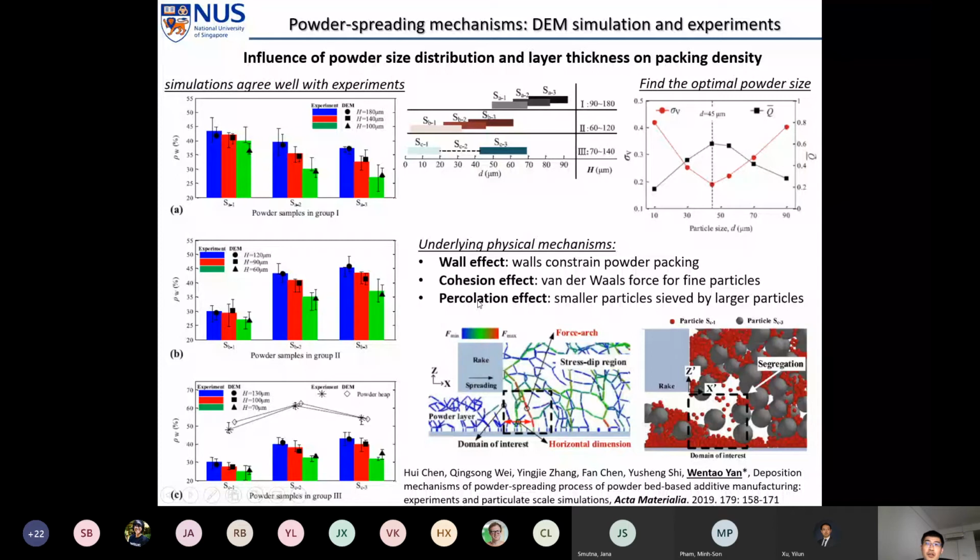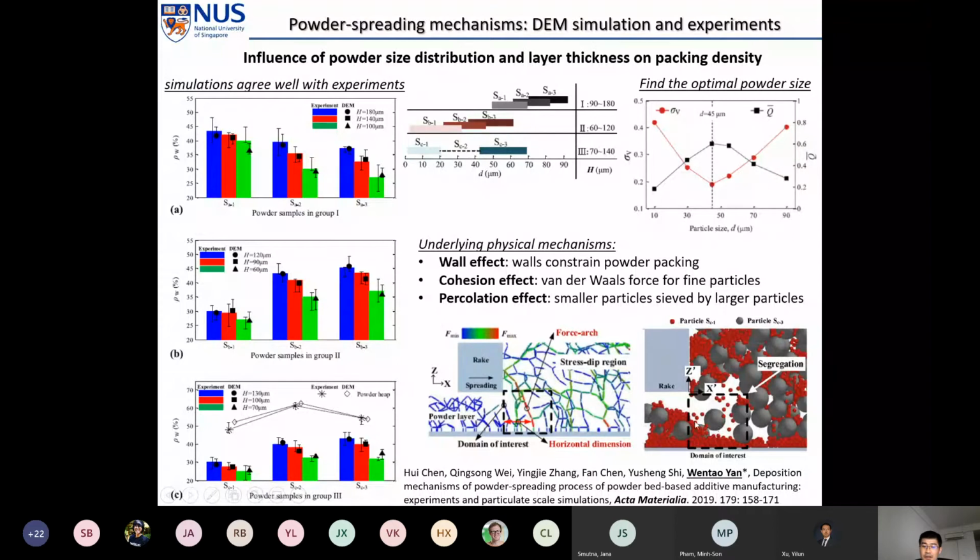Generally people think that with bimodal powder particles, like small particles and large particles mixed together, we can make the powder bed more densely packed. But in our simulation, and also in experiments, we found there is a percolation effect. That means the small particles will percolate between the large particles.